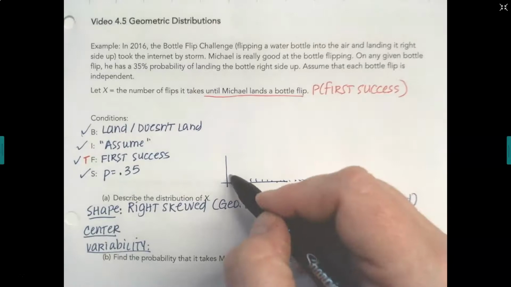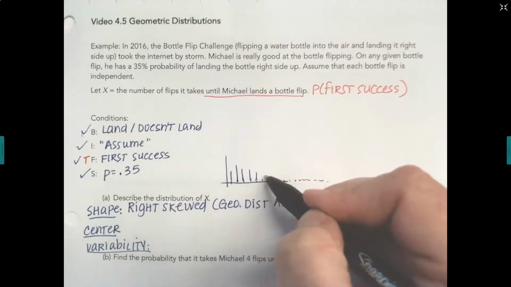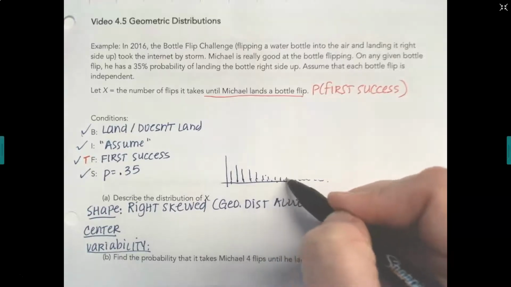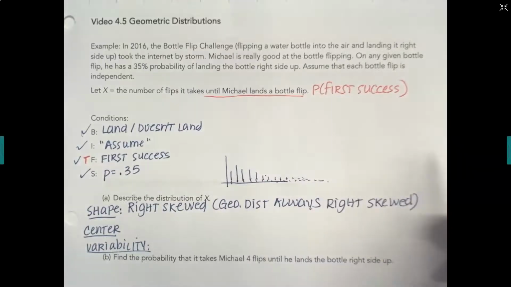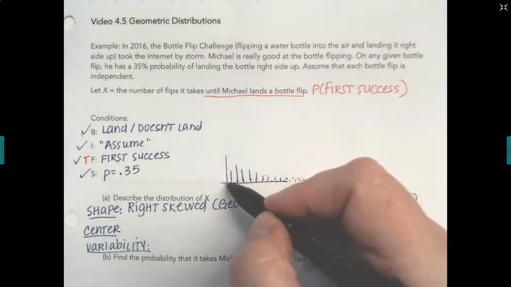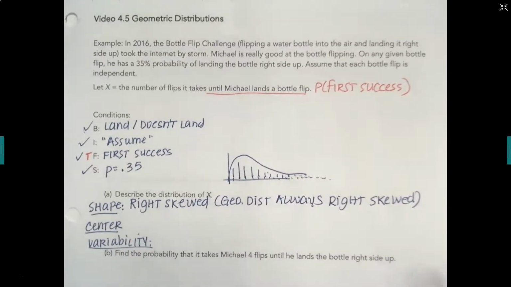But you're going to have a lot more initial successes in the beginning than you do much later. It's very unlikely to flip the bottle 500 times before the first time you're successful. So that's going to make your geometric distribution right skewed.